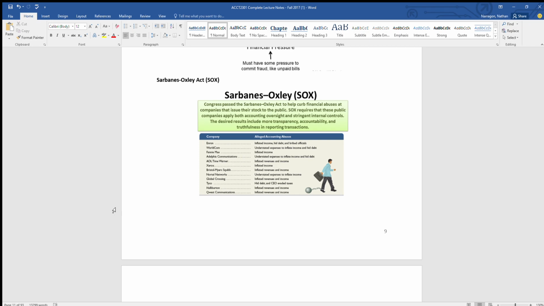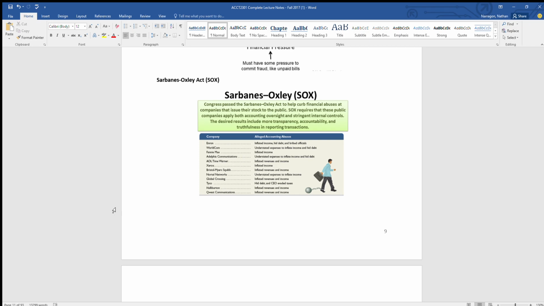It was made after the biggest company, Enron, basically went belly up due to all the fraud that was in it and took down one of the big accounting firms, Arthur Andersen, because they were fudging numbers.